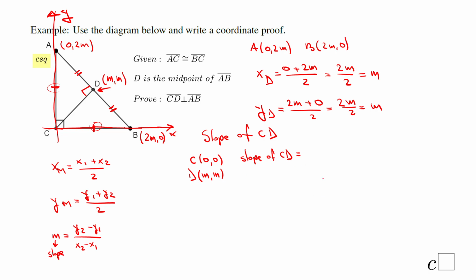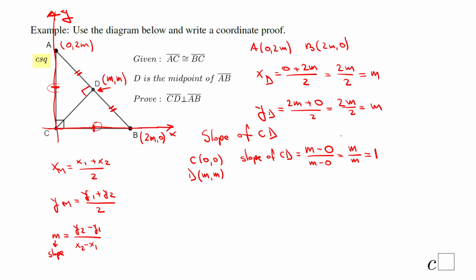So slope of CD will be m minus 0 over m minus 0, and that will be m over m, which is nothing else than 1. The slope of CD is 1.